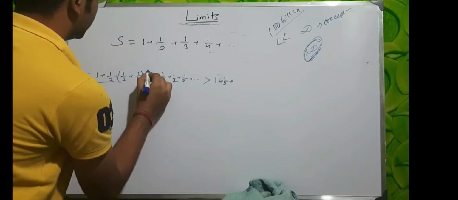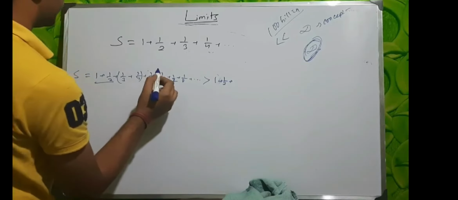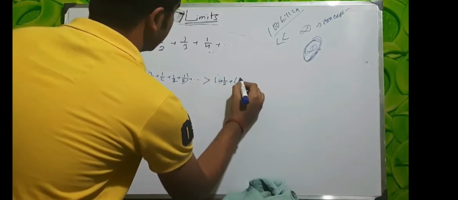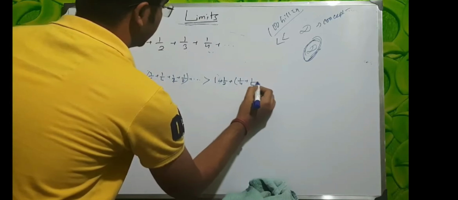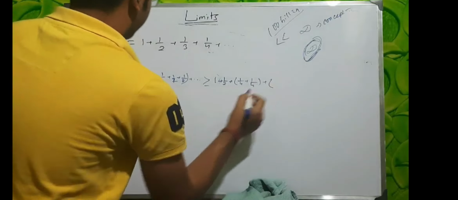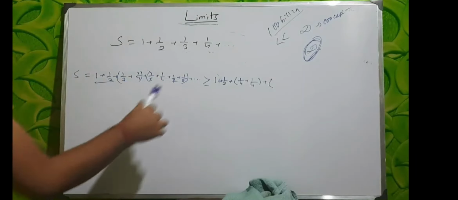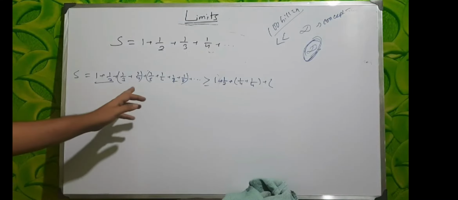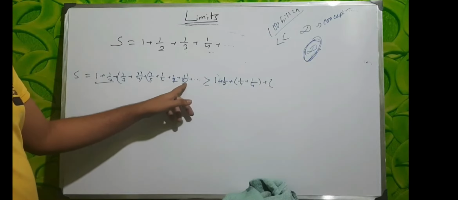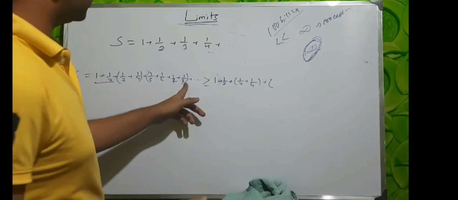So we take these two terms, and then we take these four terms. So these are 1/4. And what should be the number in these braces? The lowest number in the first bracket is 1/8.